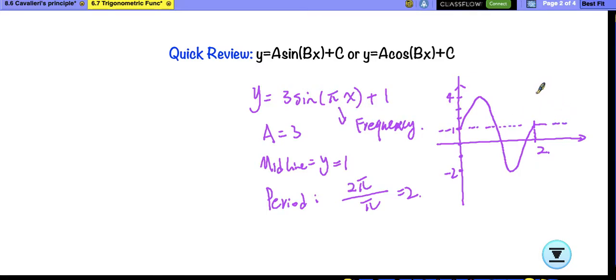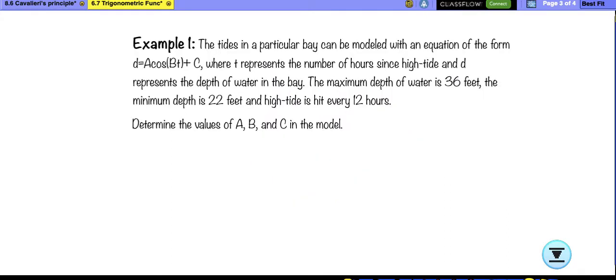Today we are going to use some real-life examples to see the modeling of trigonometric functions and how we link them to real-life problems. Let's check the examples. First, the tides in a particular bay can be modeled with an equation of this form. It's a cosine wave, where t represents the number of hours since high tide and d represents the depth of the water in the bay.